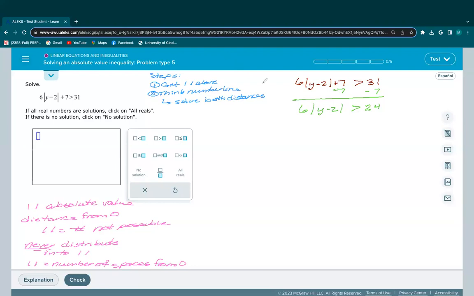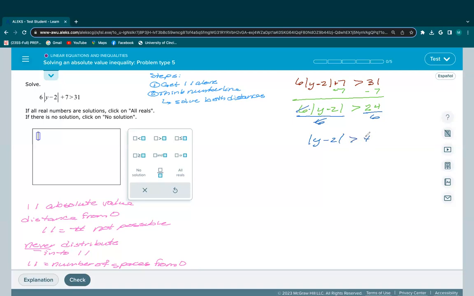All right, and we still want to get the absolute value by itself. Remember, this is 6 times the absolute value. We cannot distribute into it. So we're actually going to get rid of the times by dividing both sides by that 6. These cancel out, and we have the absolute value of y minus 2 is greater than 4.